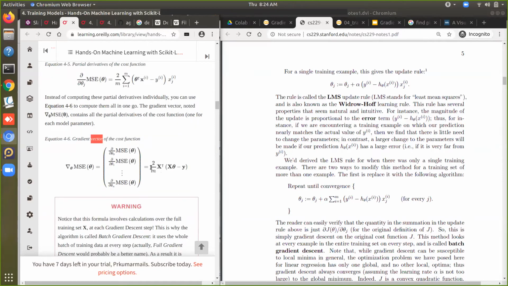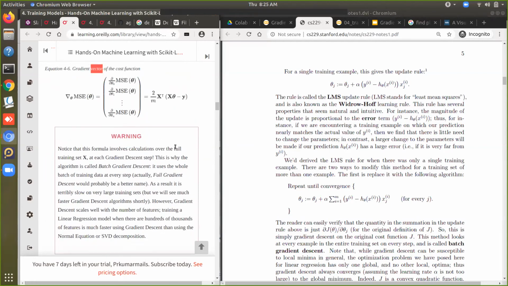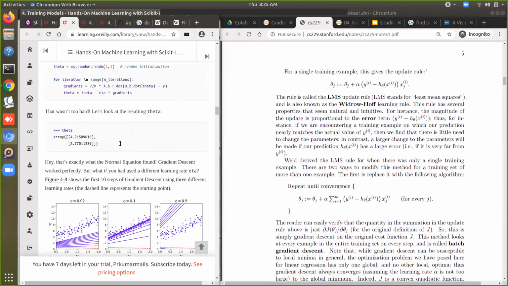If we do everything in one single shot, we can code it like this: 2 by m, where x corresponds to our matrix and theta holds the parameters that we have. So this is the gradient. He has simplified the gradient computation, and the same is coded here.